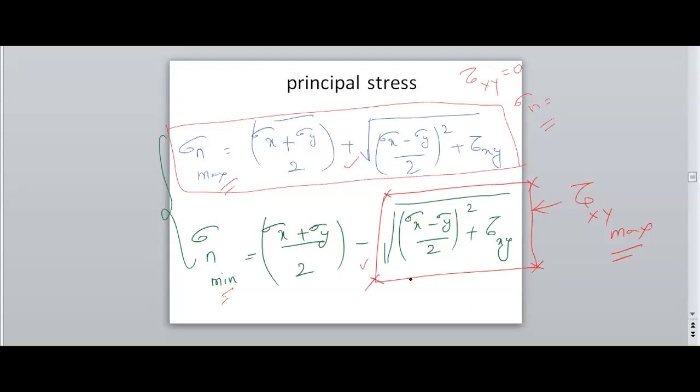There is no need of this value. We need to consider only this side, that is sigma x minus sigma y by 2 whole square plus tau xy whole square. So this formula needs to be considered at that position, and we need to find the value of the maximum shear stress that can be applied in the component.